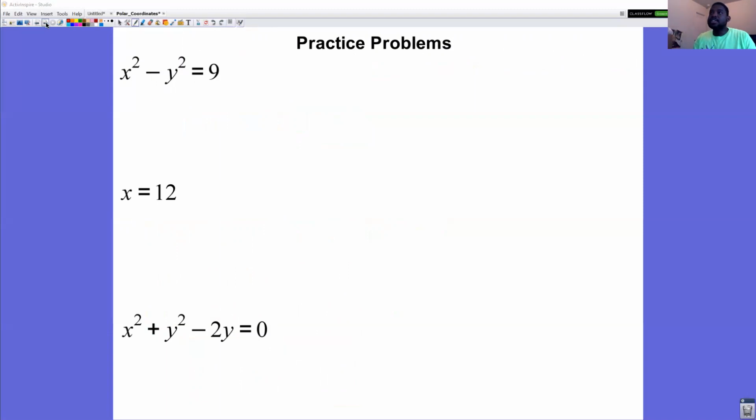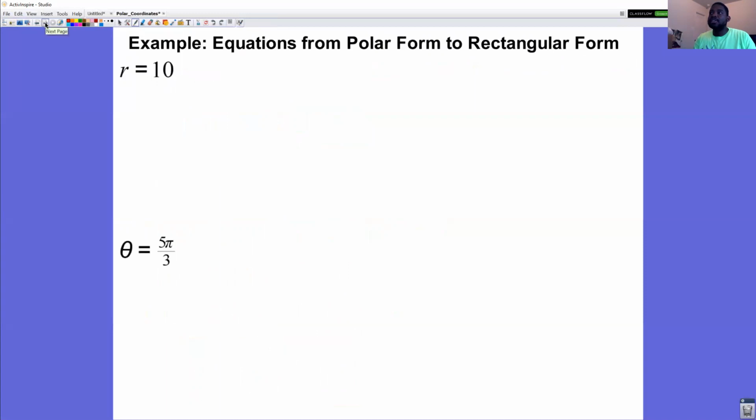So now we get to the last part of the video, which is changing equations from polar form to rectangular form. This one requires a little bit more creativity, thought, and work. So what we're going to do is convert the equation to rectangular form using what we know.